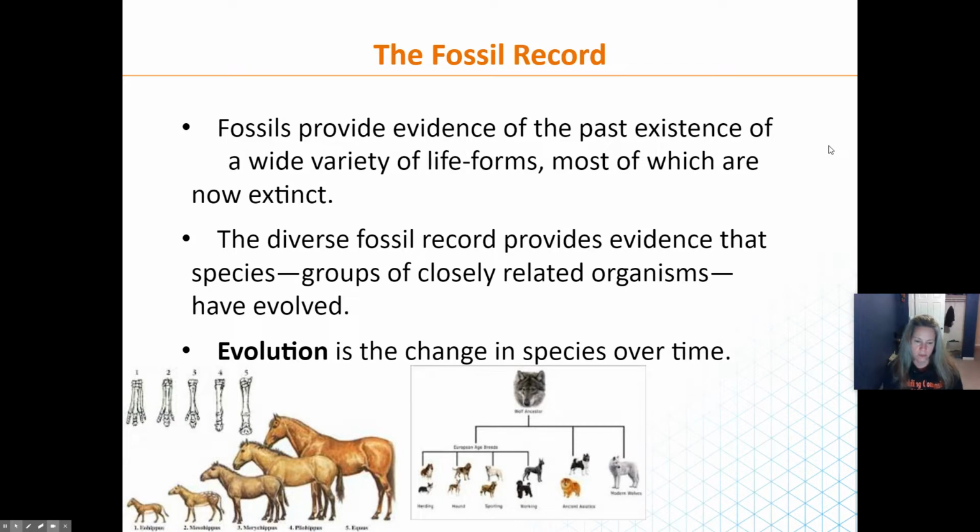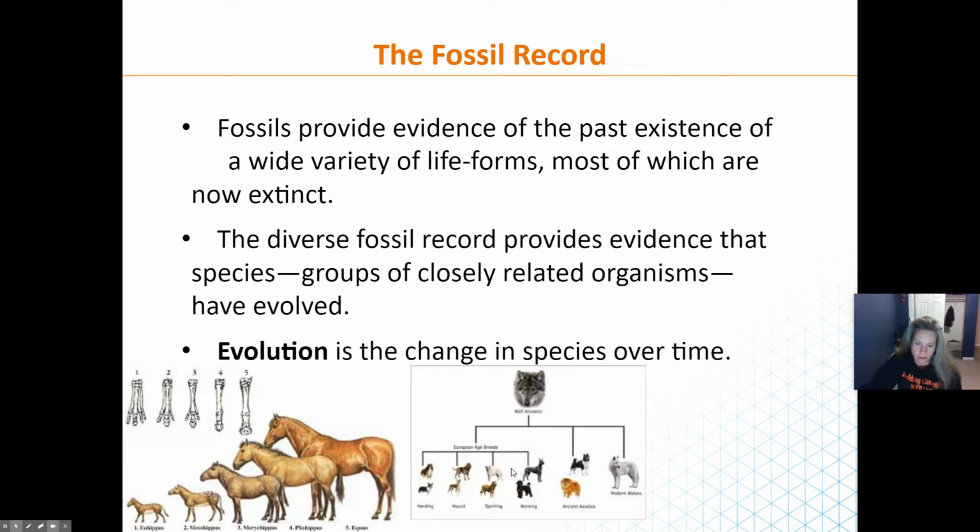The horses were able to quickly evolve to take up niches, and those niches were occupied before by dinosaurs. Horses and mammals in general became very much larger after the dinosaurs, because dinosaurs filled a large niche, a large part of the ecosystem. And so mammals were able to fill in that after the dinosaurs became extinct.